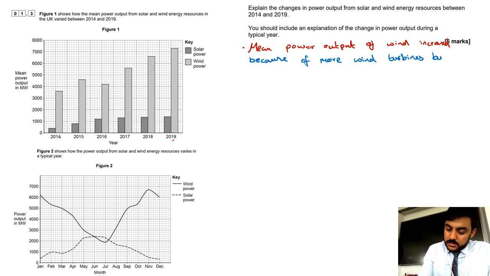Turbines. Okay, next question, next statement. Well, what happens to the solar energy? It also increases, not as much as the wind, but it also increases. So if you want more solar energy, more power output.